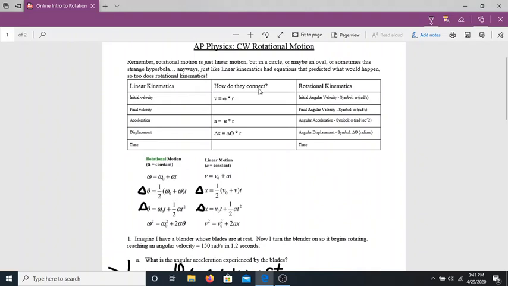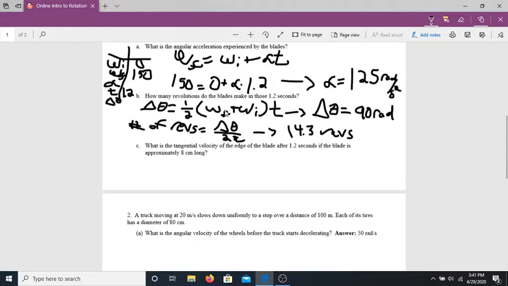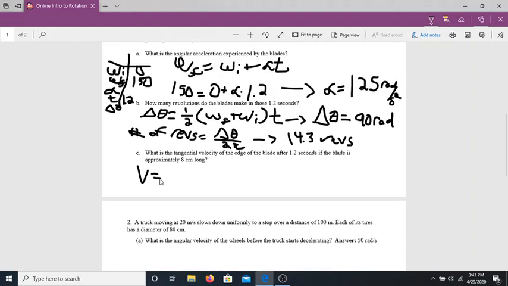Going back up to the top of our sheet, we'll see that linear velocity is related to angular velocity by multiplying the angular velocity by the radius of the circle. So v equals omega r, which is what we're looking for here. We can solve for this linear velocity, this v, pretty easily, because I know omega after 1.2 seconds is 150 radians per second.